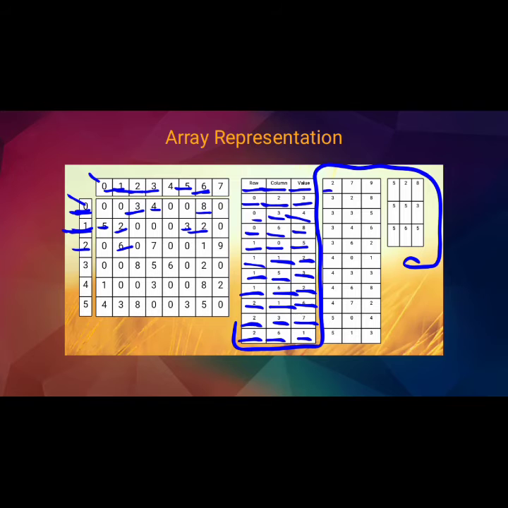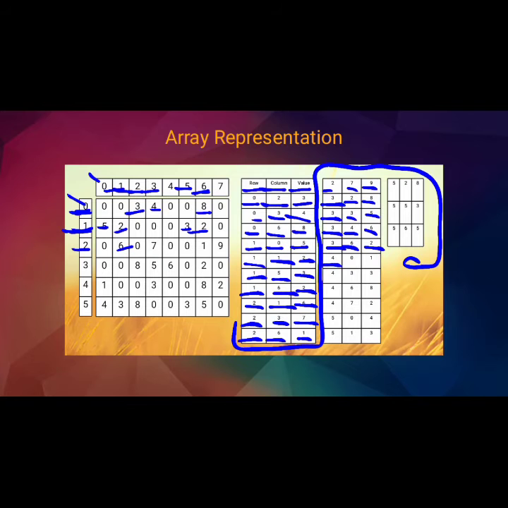Row 2, column 7, value is 9. In row 3, column 2, value is 8. Row 3, column 3, value is 5. Row 3, column 4, value is 6. Row 3, column 6, value is 2.